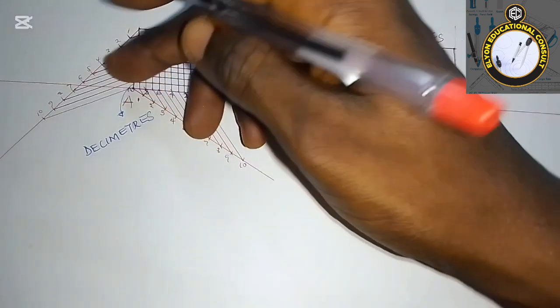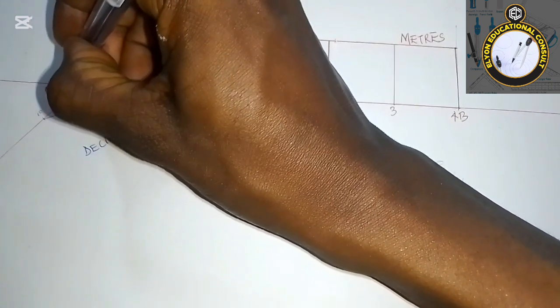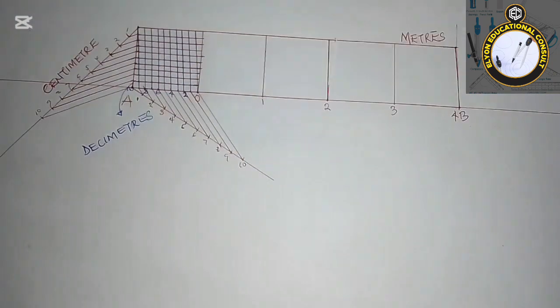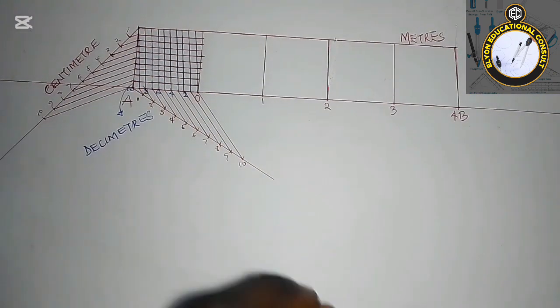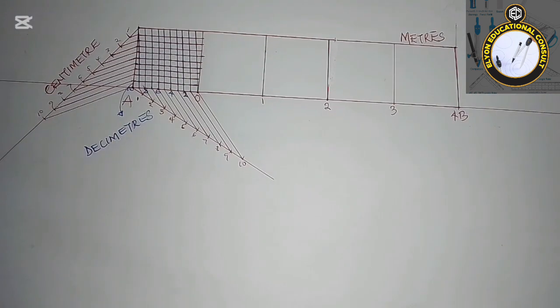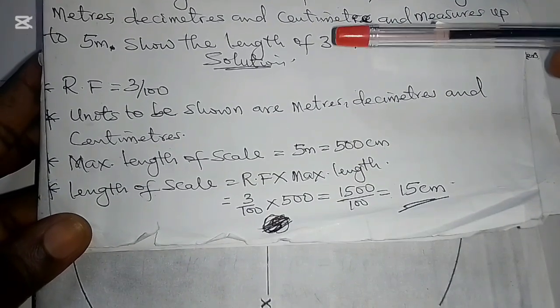So this side is the centimeter, this centimeter part. So the scale now is showing 3 units of measurement: meters, decimeters, and centimeters. The next thing now is for us to take the measurement. This is very important, so we must know how to take the measurement from the scale.